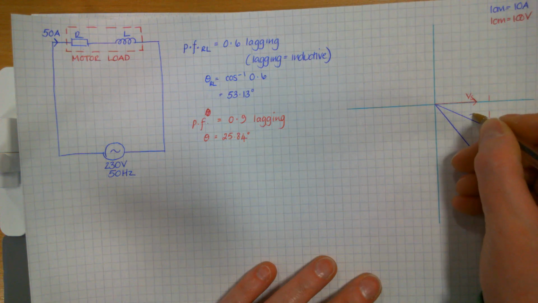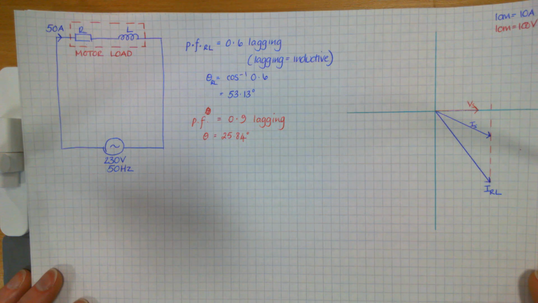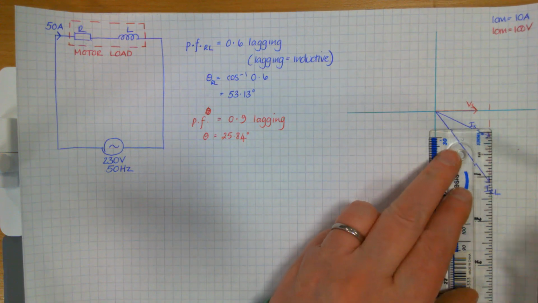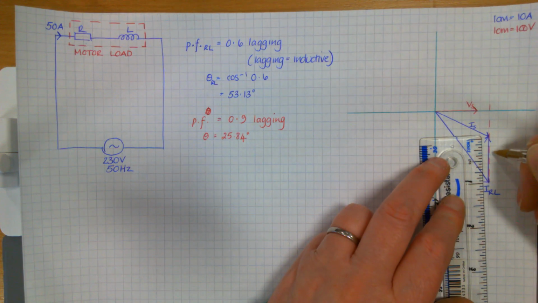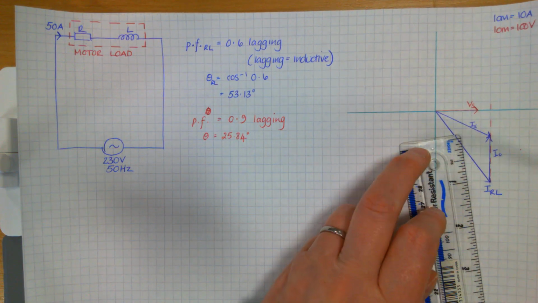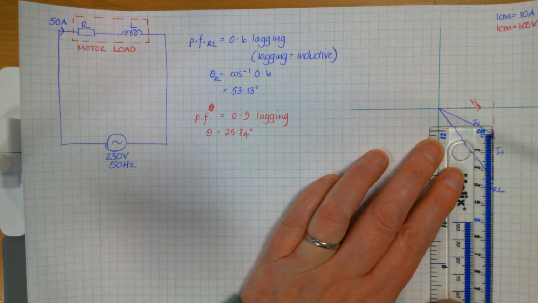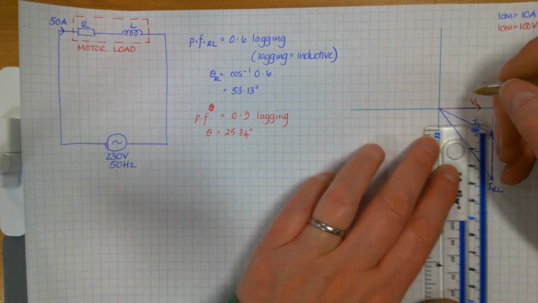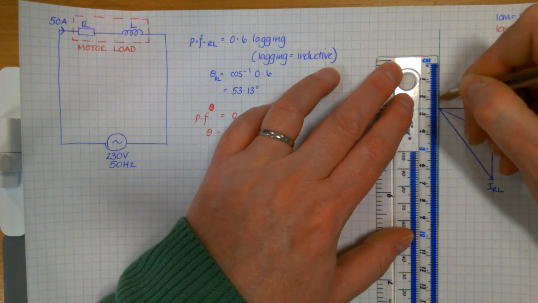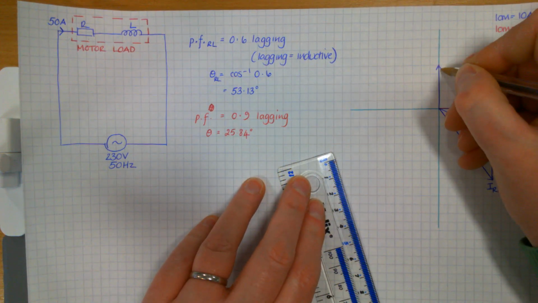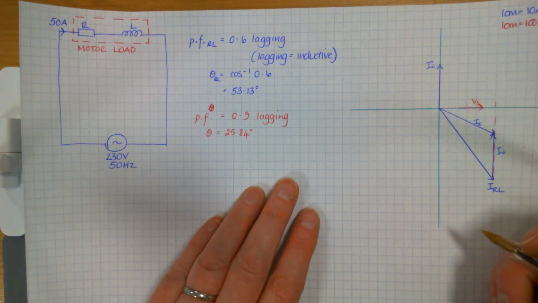So that'll be your IS. That's your corrected IS. So you're trying to work out what value of capacitor will give you this wee bit here, which would be here. So that's what you're trying to work out.